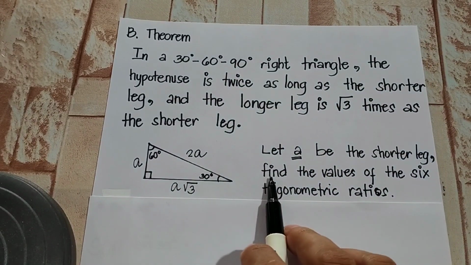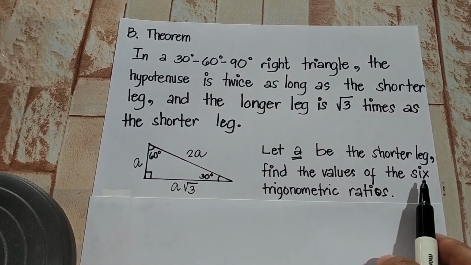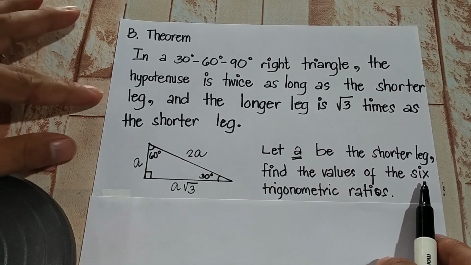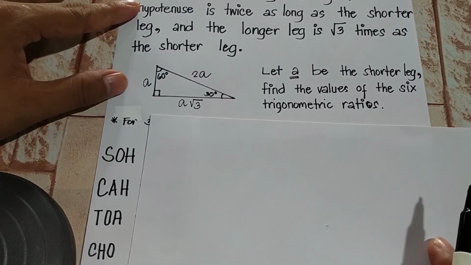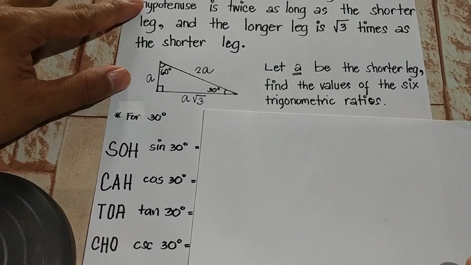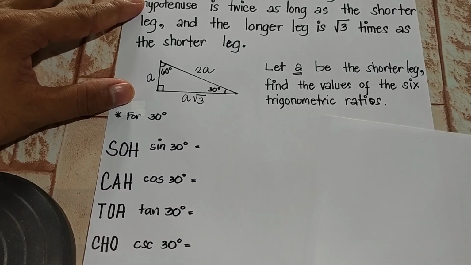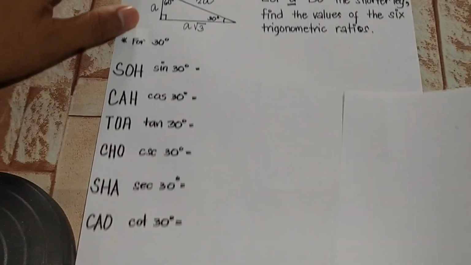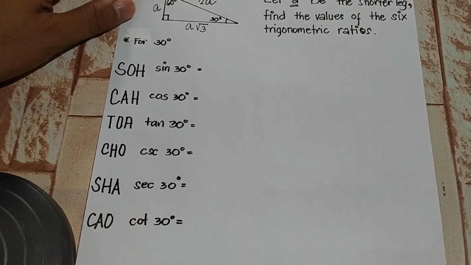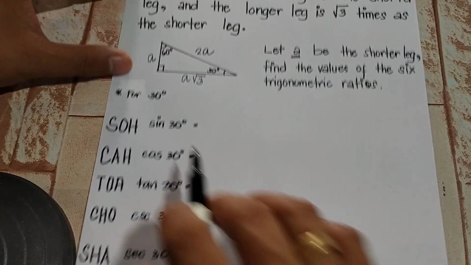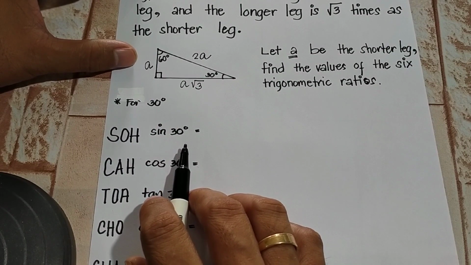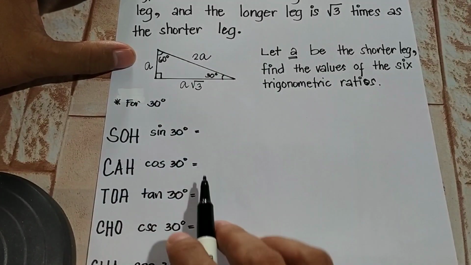Alright, next, find the values of the 6 trigonometric ratios: the sine, cosine, tangent, cosecant, secant, and cotangent. Here are the following that we are asked to find. Let's start with sine 30 in this illustration.